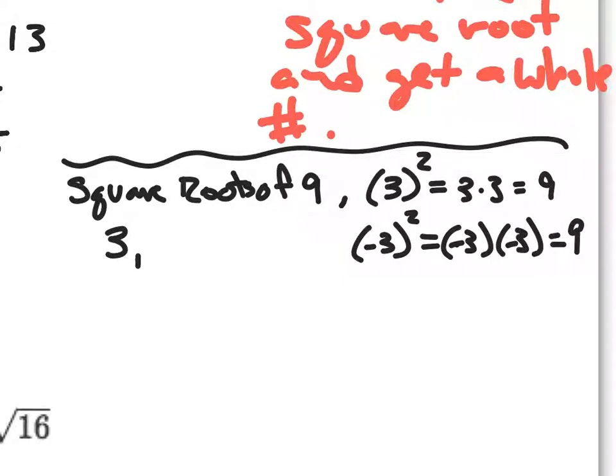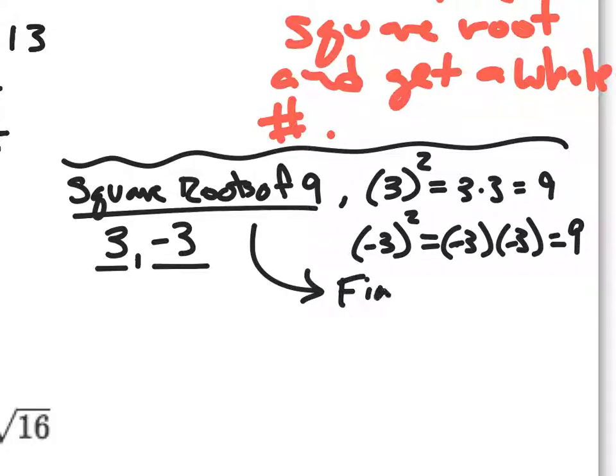So one of my square roots is 3, but the other one is negative 3. So if I ask the question, the square roots of 9, I have to find all possible solutions. So find all possible roots.